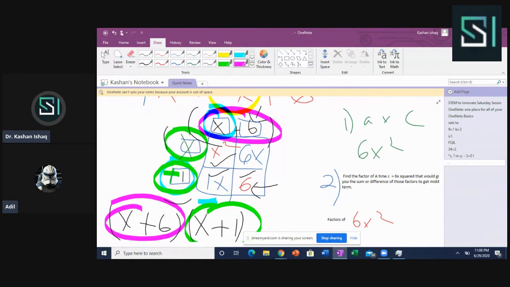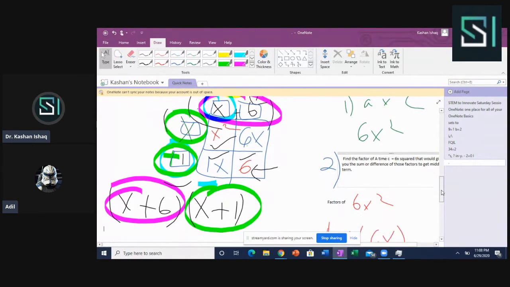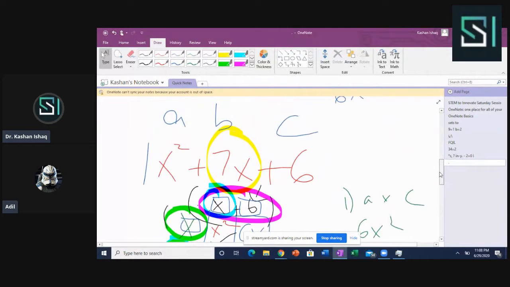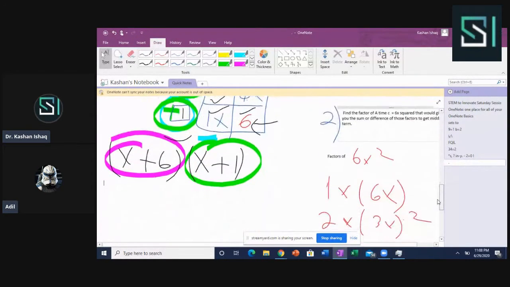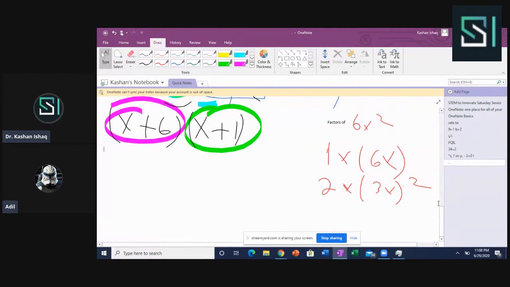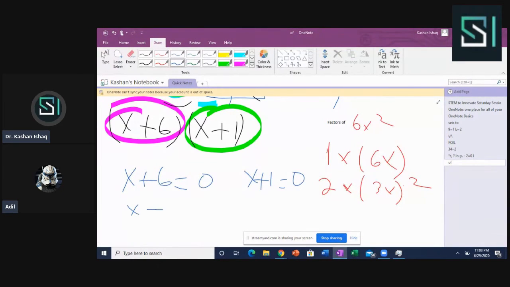Now that I'm almost done, I can figure out the variable's value, and I can also do the FOIL to make sure I can get the original question back, right? The first thing I will do is get the variable's value, because if they're asking for the variable's value, I'll do x plus 6 equals 0, and the other one x plus 1 equals 0. So far, so good. Then I'll subtract 6 here, subtract 1 here.